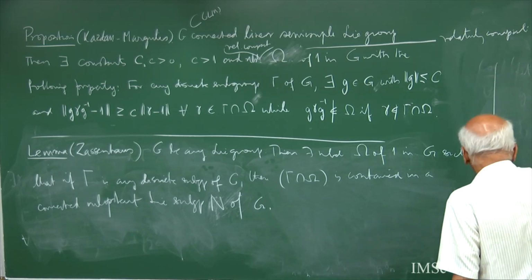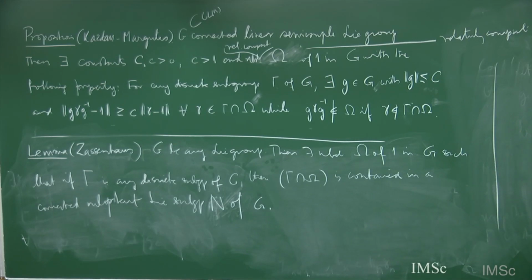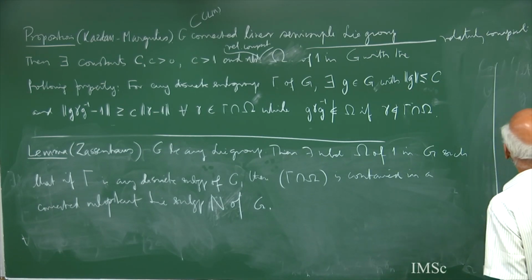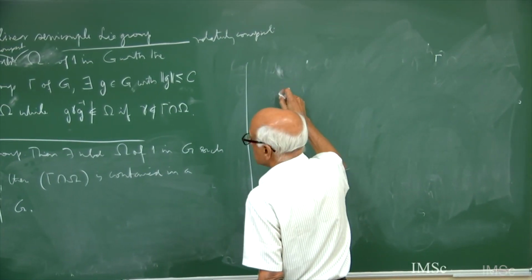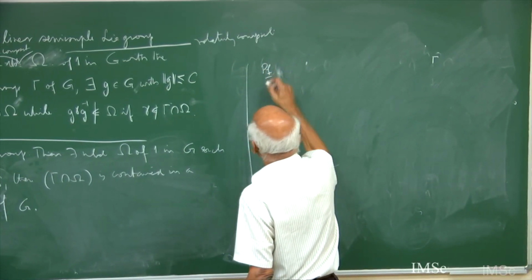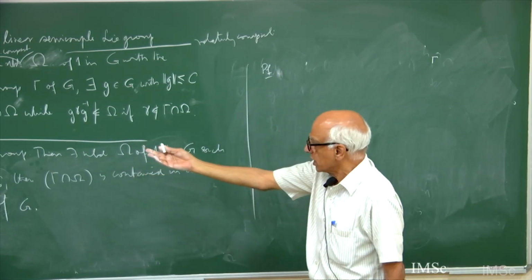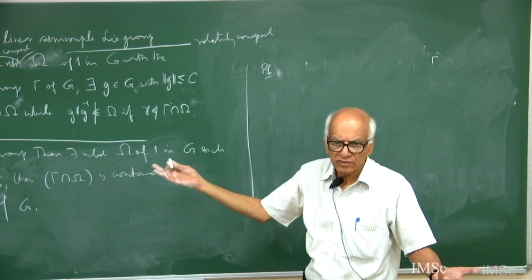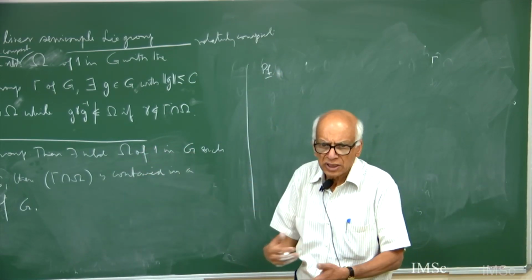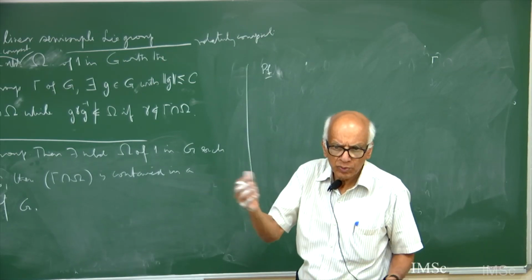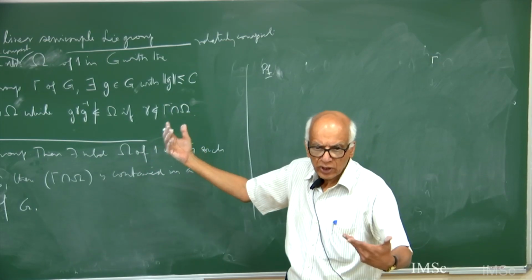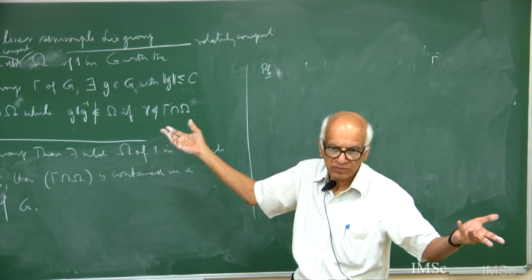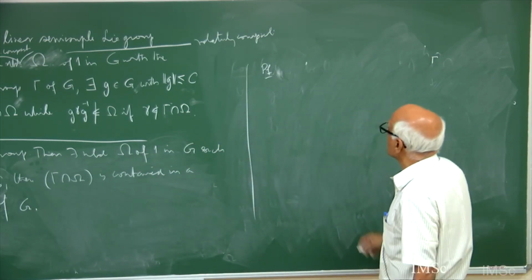The proof goes like this. Firstly, observe that you can assume without loss of generality that G is GLN, because any group is locally isomorphic to a linear group, and you are only talking about a neighborhood of the identity.